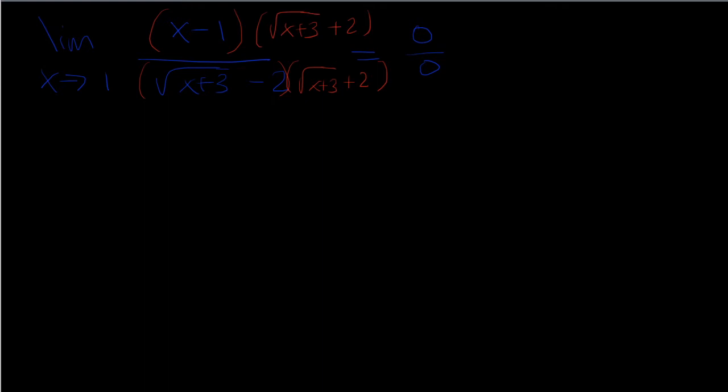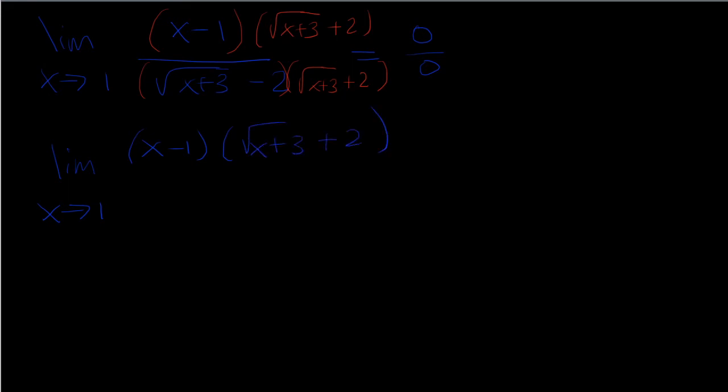Whenever we multiply by the conjugate, you always want to leave one of them the same. So the bottom is going to simplify very nicely, but the top you should leave the same in this case. Because usually what's going to happen is it's going to cancel out nicely with the bottom.